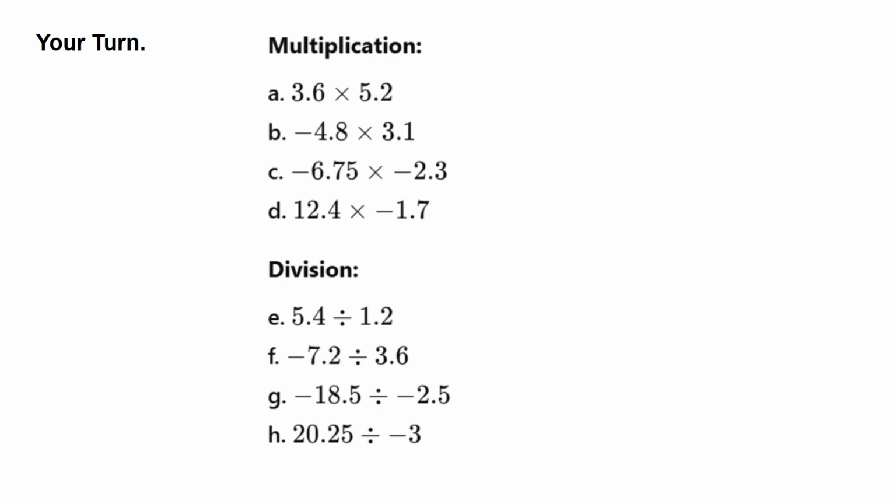And then you have also negative 4.8 times 3.1, and then multiply negative 6.75 times negative 2.3. So you know the rule: negative times negative is positive.